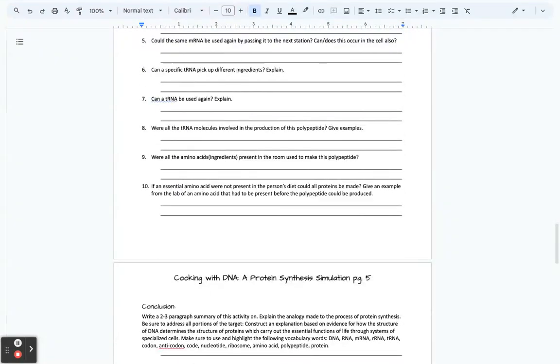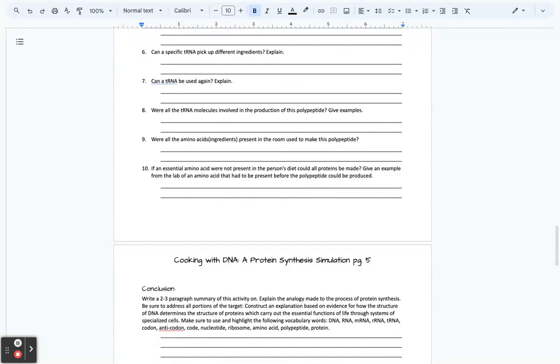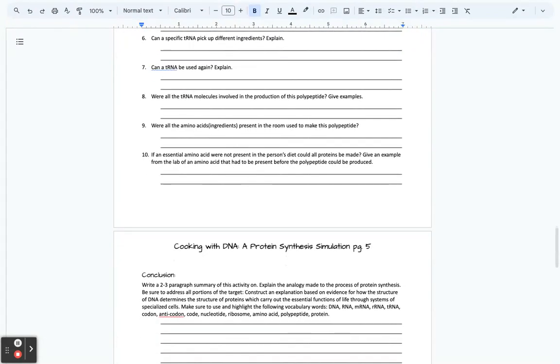And can a specific transfer RNA pick up different ingredients? And explain why or why not. Can a transfer RNA be used again? Could it go pick up another amino acid? And then, were all the transfer RNA molecules involved in the production of this polypeptide?